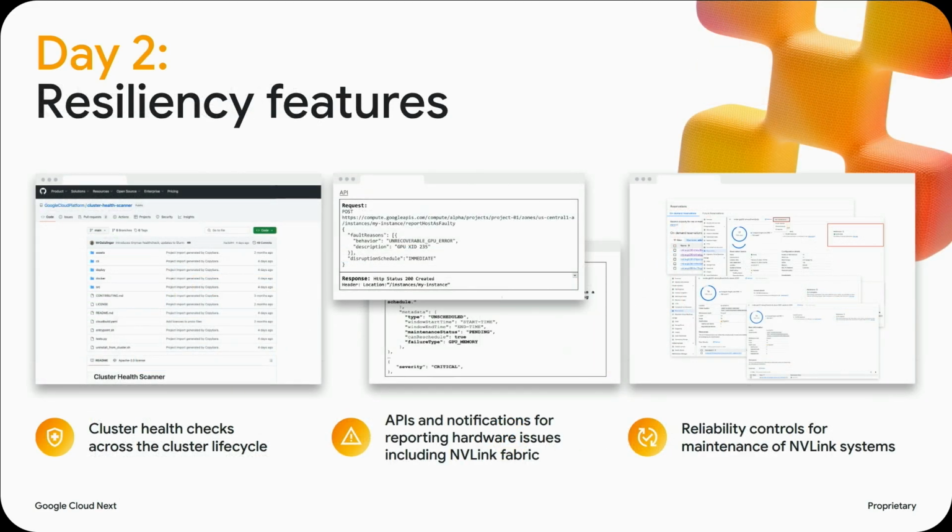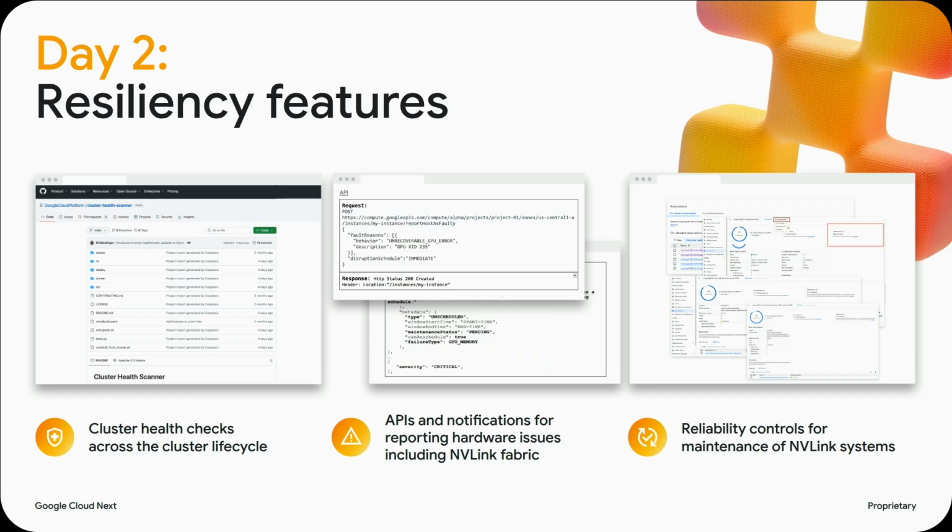And then finally, resiliency is again paramount for these large running AI jobs. So we offer cluster health checks. These cluster health checks are constantly running on the active nodes and on the passive nodes, and when nodes are repaired and are being brought back into the system, health checks are done before that.